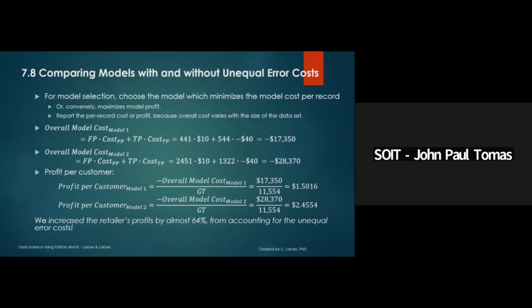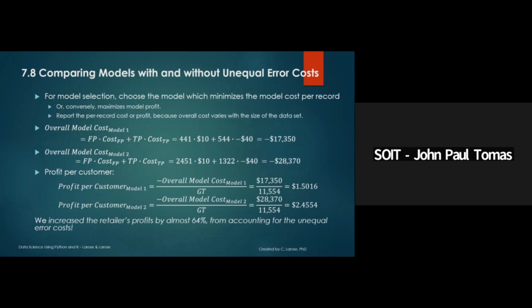So using the costs delineated in the previous table, we will be calculating the overall model cost for model 1 and model 2, which we'll be creating right now. The overall model cost for model 1 uses the formula FP multiplied by cost sub FP plus TP multiplied by cost sub TP, which is 441 multiplied by $10 plus 544 multiplied by negative 40, giving you negative $17,350.